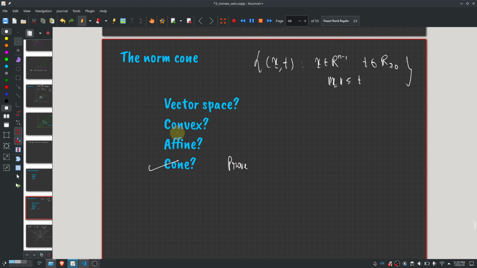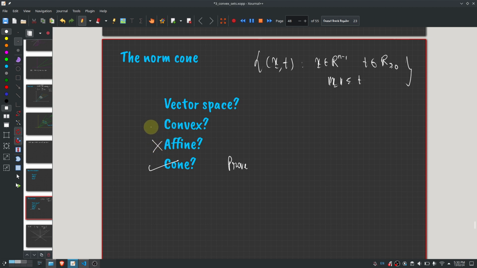Is this set affine? Will it ever contain the entire straight line? It won't, right? Because t has to be greater than or equal to 0. So this is not affine.